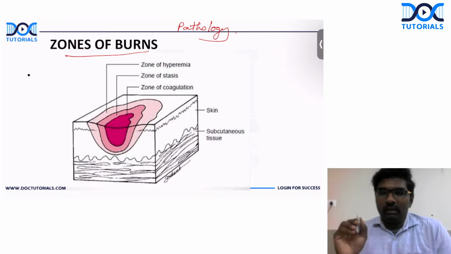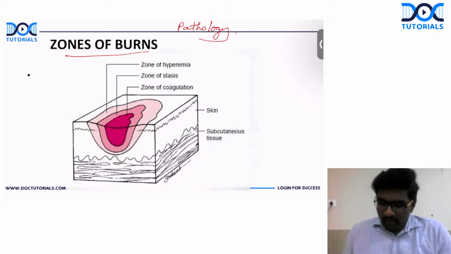The center part, that is the part which is exposed to severe or direct contact with the burnt area, or direct contact with radiation, or direct contact with corrosive chemicals, will be the zone of coagulation. The burns will cause protein denaturation, resulting in coagulation. This coagulation is due to protein denaturation.